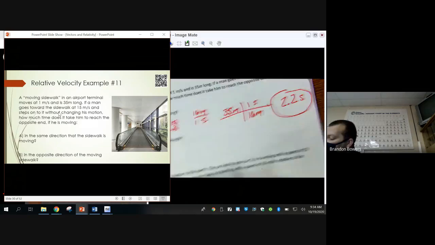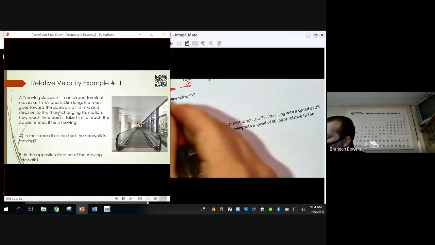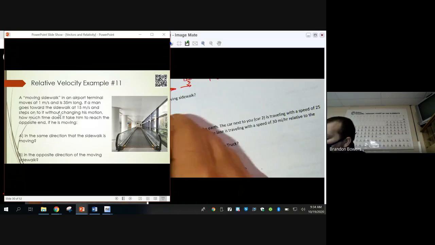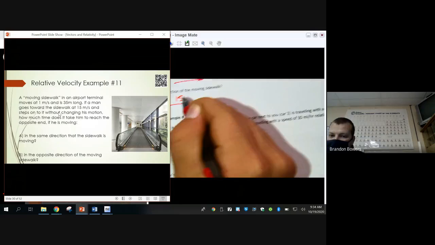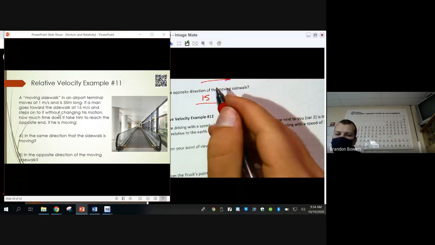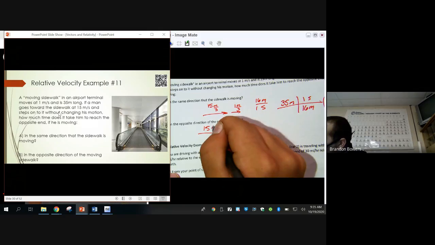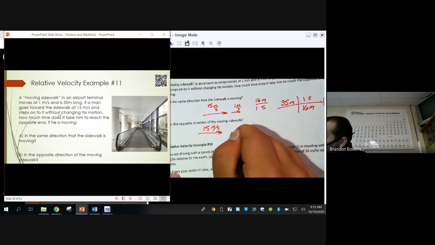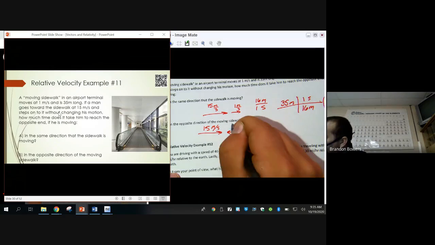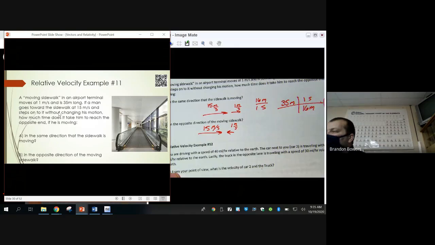Now, when he is traveling in the opposite direction, let's say he's traveling 15 meters per second here. However, the belt is moving 1 meter per second that way. So what's his total? 14, right?